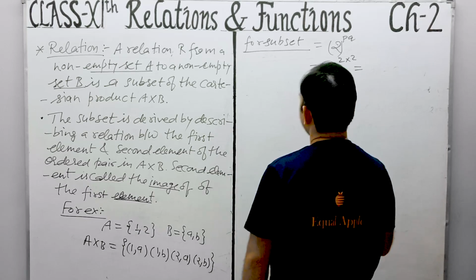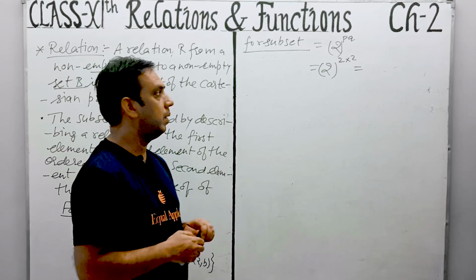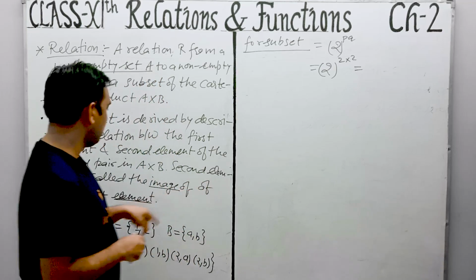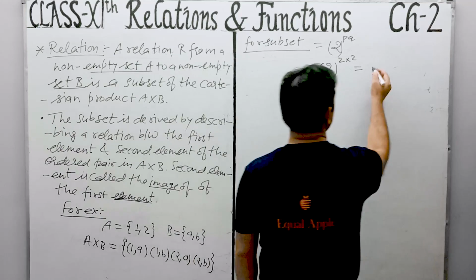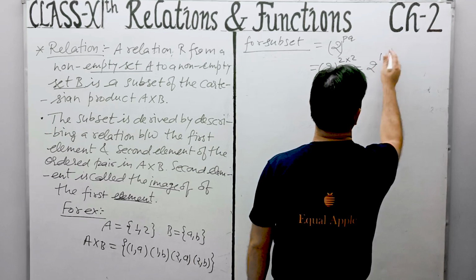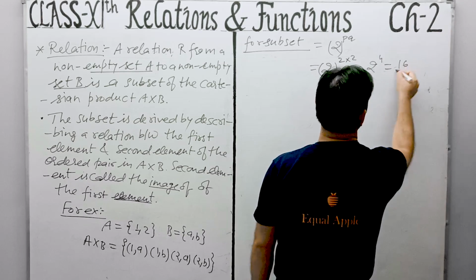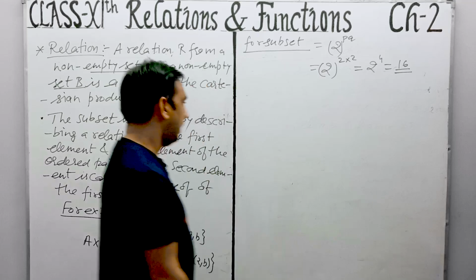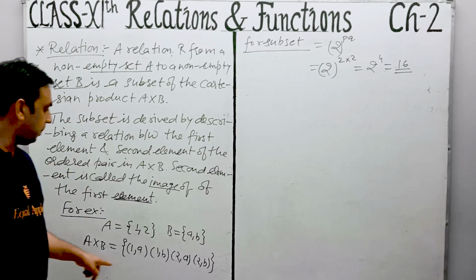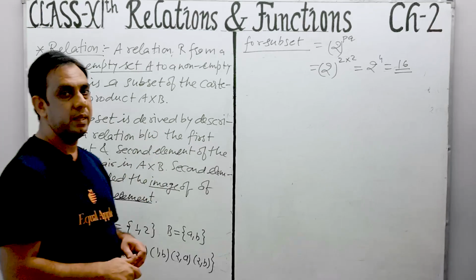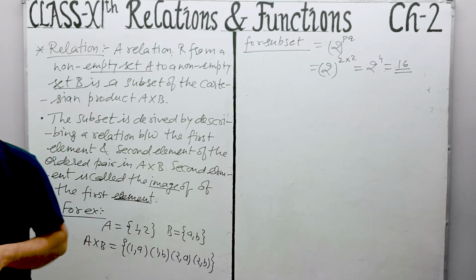So if we want to find the subsets of this Cartesian product, there will be 2 to the power 4, which is 16. So A cross B will have 16 subsets of ordered pairs, right? Now we will come to the next topic.